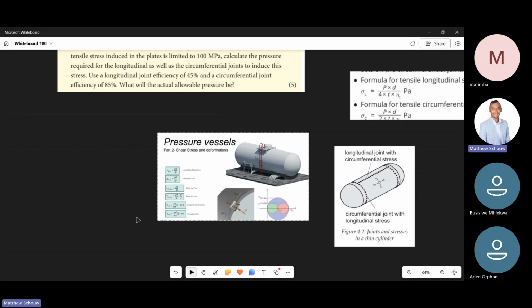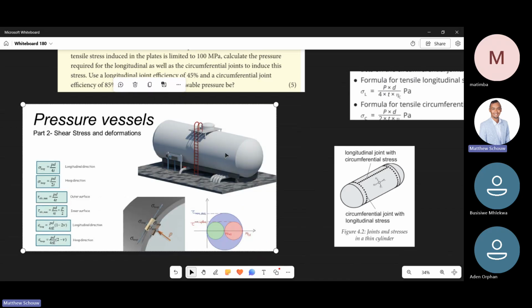A pressure vessel might look like that over there. It could store gases or liquids, typically gases, and it's pressurized. As it's pressurized, we need to ensure that the structure of the pressure vessel is not going to fail due to the internal pressure induced by the fluid.